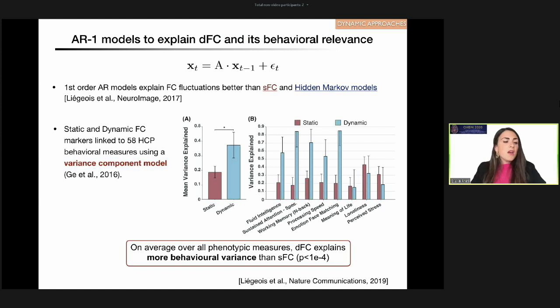For example, task-based phenotypes that are characterized by network interactions at faster timescales are better captured by dynamic metrics and are missed by static functional connectivity metrics, while other types of behavioral phenotypes, like self-reported measures that are trait-like properties not characterized by fluctuations at high frequency, are equally well captured by static and dynamic functional connectivity.